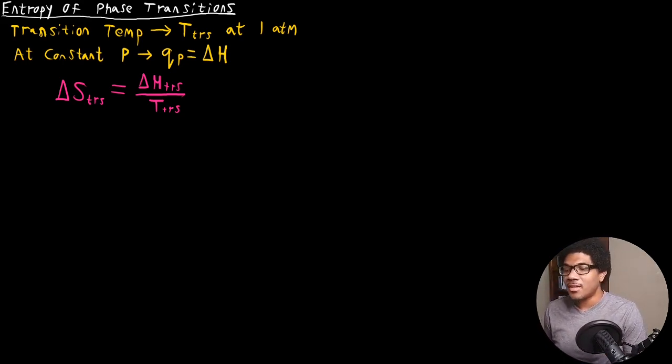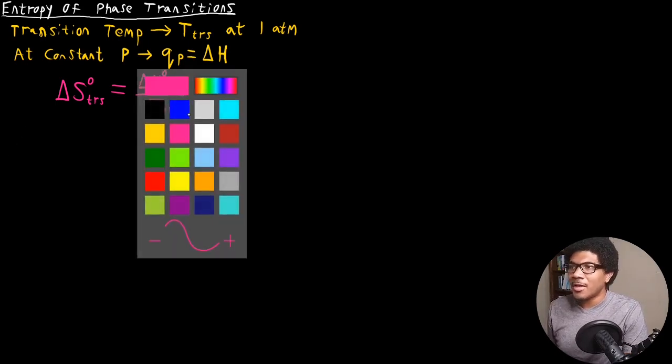We just get the enthalpy associated with that phase transition, put that over the temperature associated with that phase transition, and we get the entropy of that phase transition. Now, this is in general, but usually we're looking at the standard enthalpy, so I'll put that little circle in the superscript. We're usually getting standard entropies of transition.